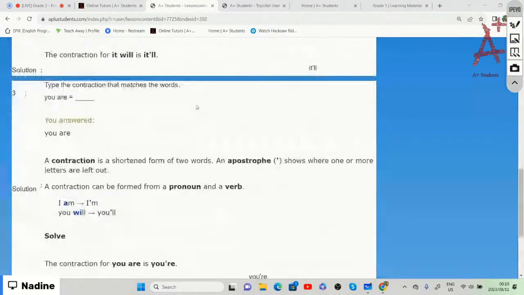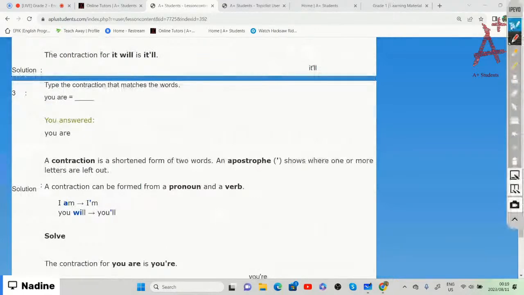You are. We need to type the contraction that matches the word. If we type the contraction that matches the word, then we say you're.